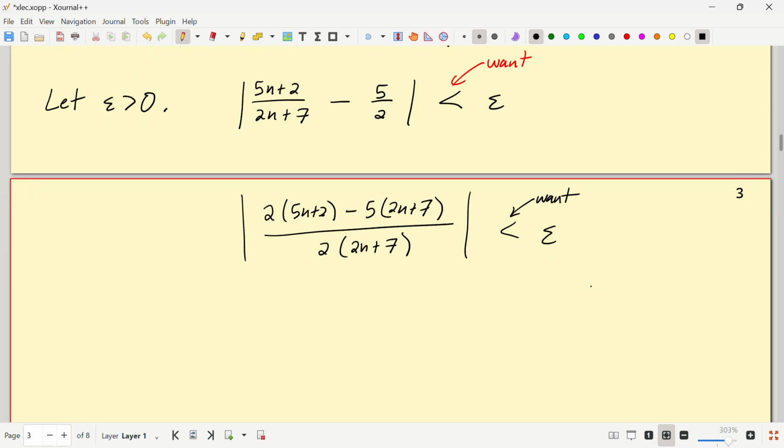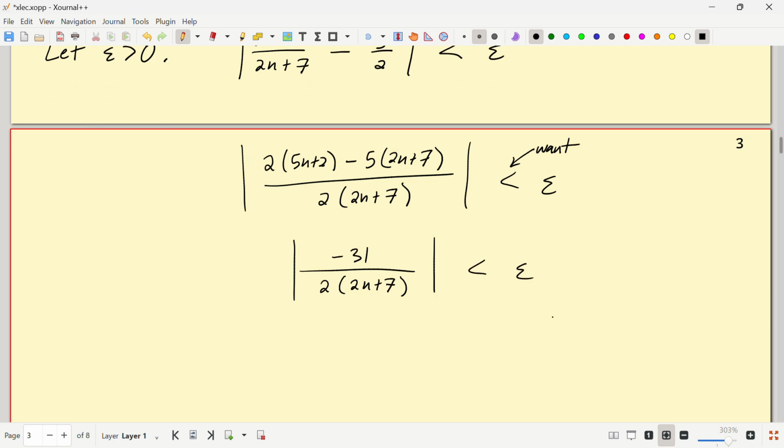A lot of stuff cancels on the top, and there are no n's up there. I get 4 minus 35, that's minus 31, over 2 times 2n plus 7, absolute value.